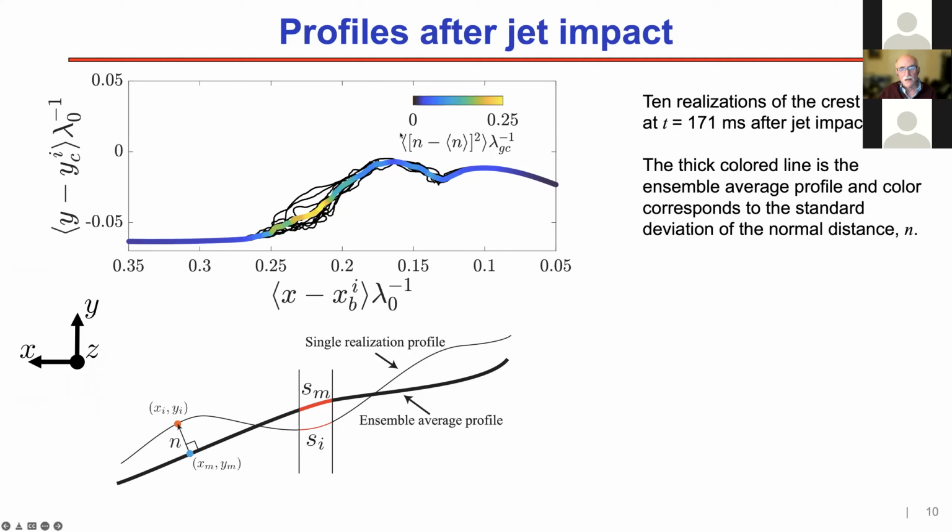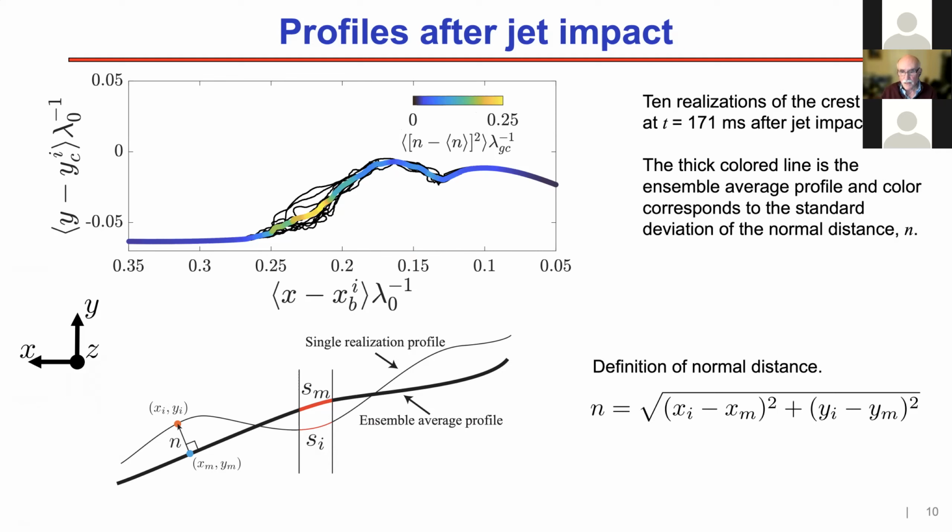So in the plot up here, we've taken the variance of the normal distance and plotted it as color along the profile up here. And as you would expect, here where the profile varies from run to run, you have a big variance. So these are true ensemble averages of the breaking profiles. And that's just a mathematical definition of N.